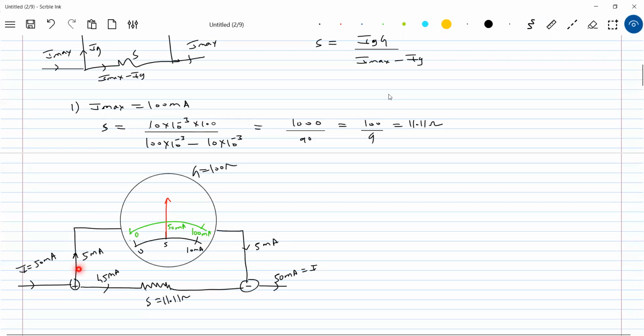Only 5 milliampere, because the value of the shunt is so chosen that 45 milliampere passes through the shunt and only 5 milliampere passes through the galvanometer. If 5 milliampere flows, the pointer will come here. I'll close the old scale, leaving just the green scale. The pointer is at 50 milliampere. So this galvanometer is now reading 50 milliampere.